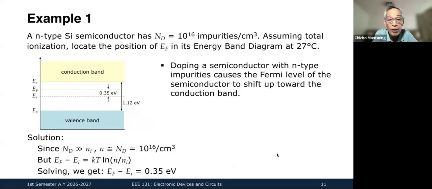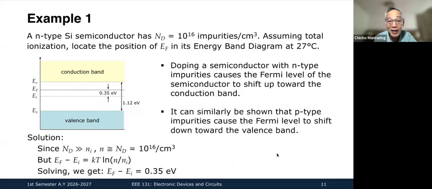What do you think will happen to the Fermi level if we dope it with p-type impurities? Anyone? Bababa po siya. Bababa siya, no? Parang leading yung answer ko. Leading yung question ko, no? So it can be similarly shown that if you dope it with a p-type impurity, the Fermi level is going to shift down toward the valence band.